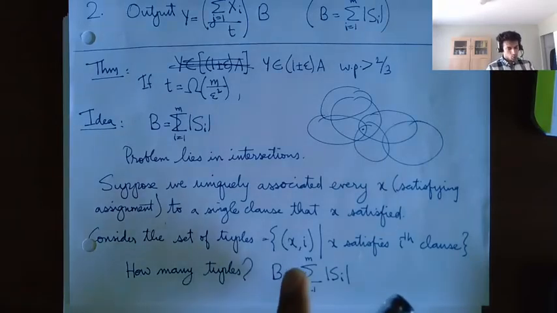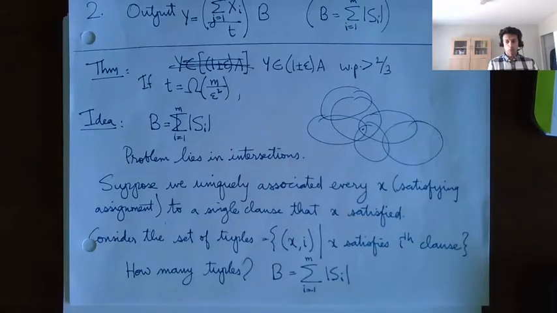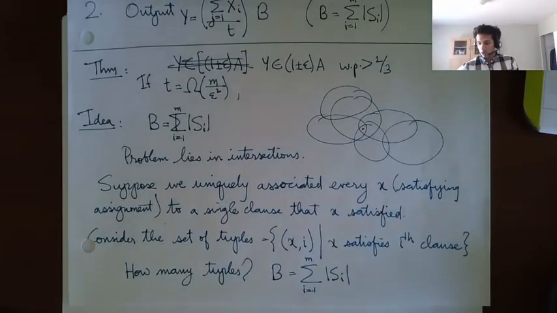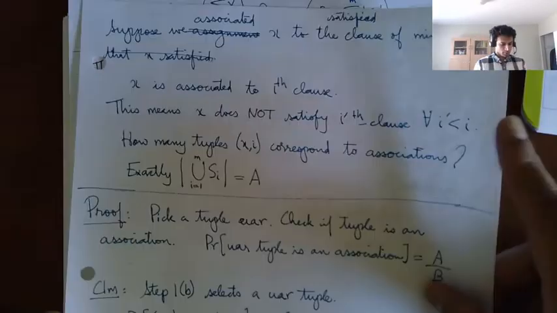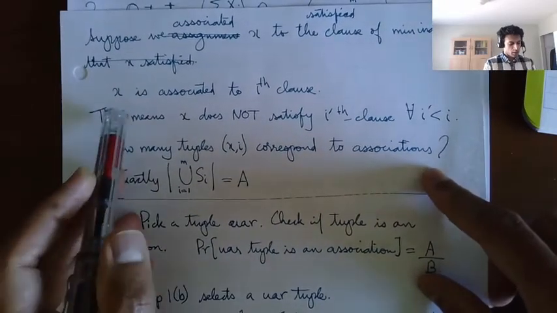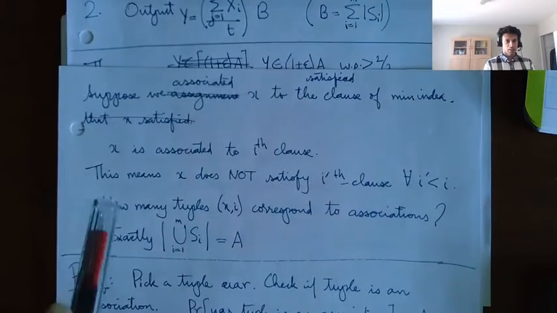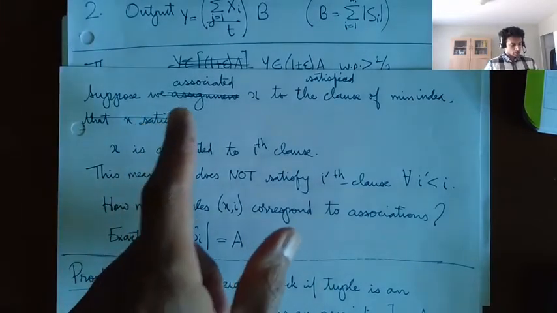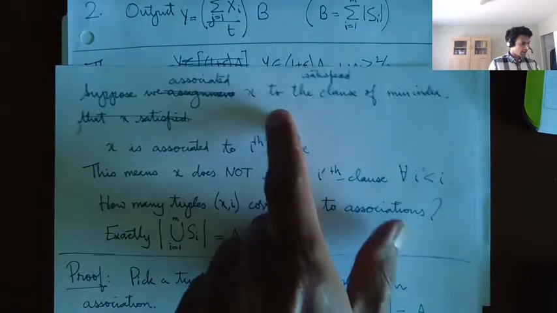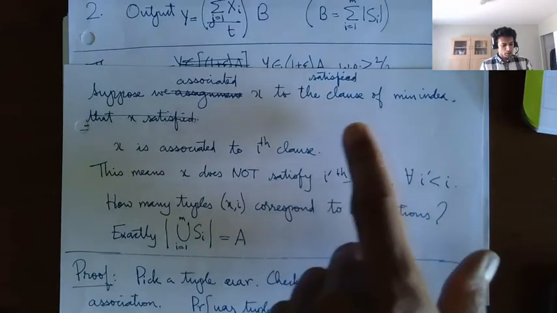Once we get a uniform random tuple, we do what's called an association rule. We associate x to a unique clause: to the satisfied clause of minimum index.